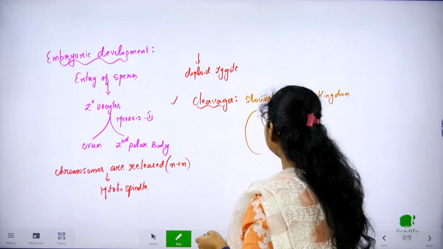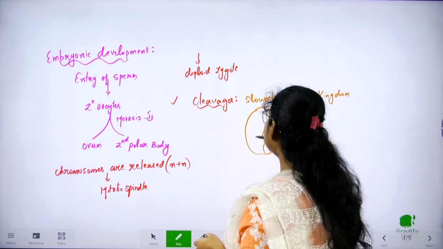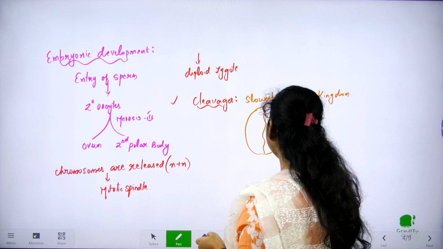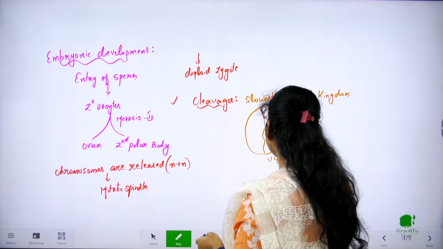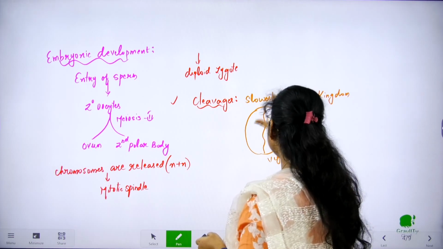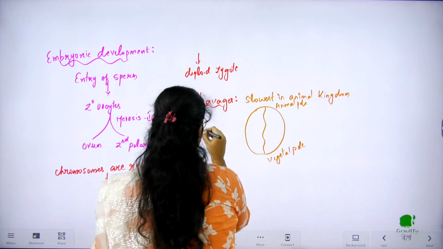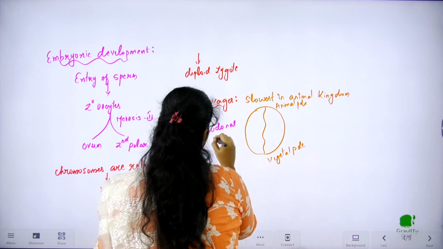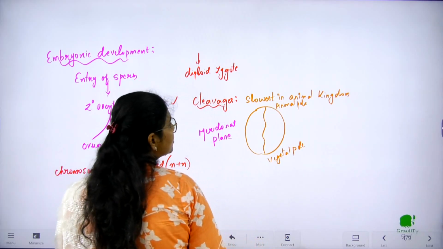The first cleavage of the zygote will happen 30 hours after fertilization. This first cleavage passes from the animal pole to the vegetal pole, and this is a meridional plane, a straight one, from the center of that ball of the zygote.